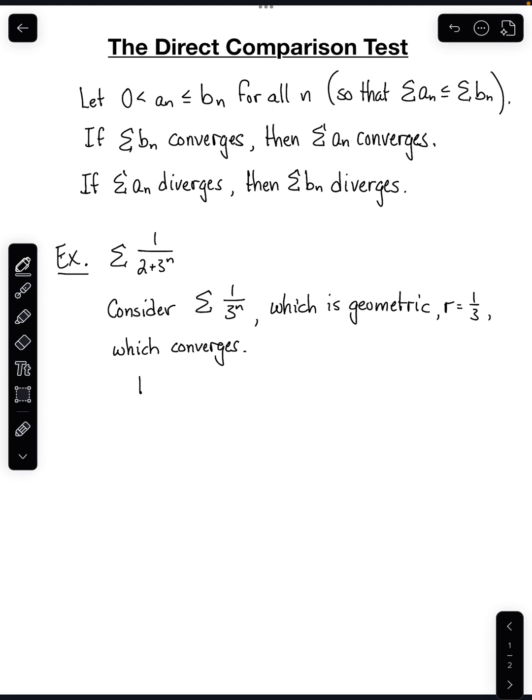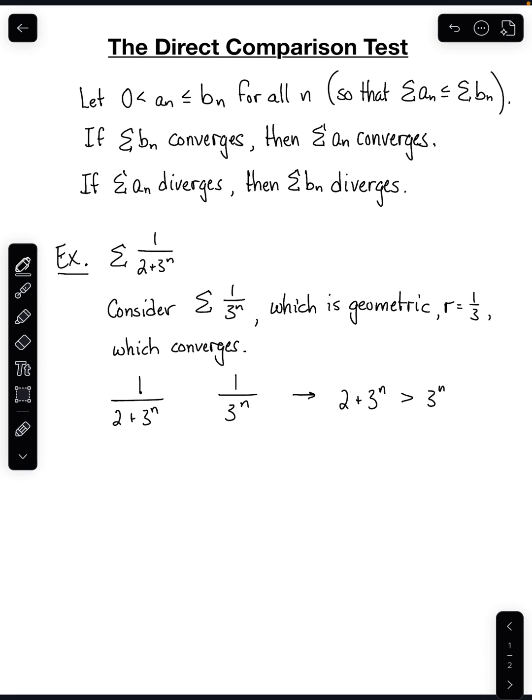So what we need to do is compare 1 over 2 plus 3 to the n and 1 over 3 to the n. Now, this is not the most obvious thing in the world, so what we might start with is looking at the denominators in comparison to each other. 2 plus 3 to the n is certainly going to be bigger than 3 to the n itself.